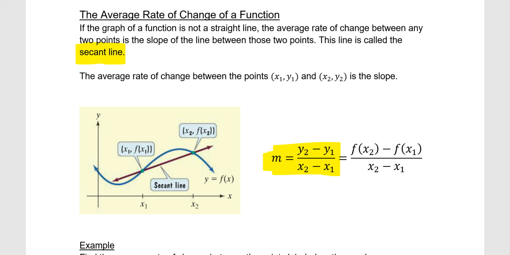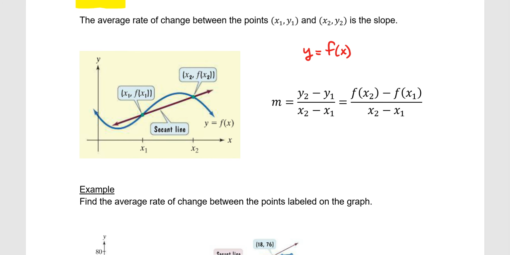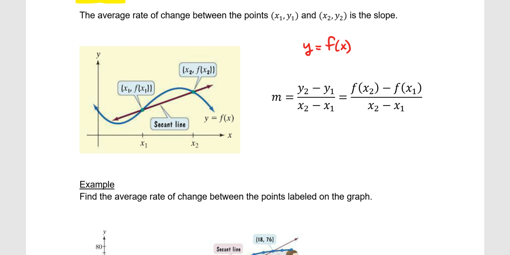We have to know that these represent the function values, so we have to remember that y equals f of x. For our slope formula, y1 is going to be the function evaluated at x1, and y2 is the function evaluated at x2.